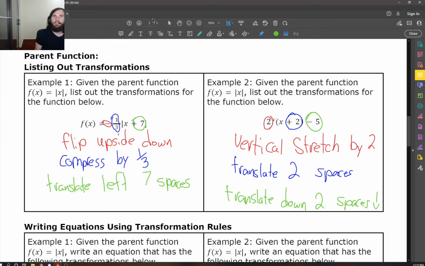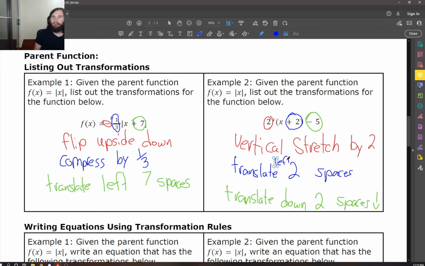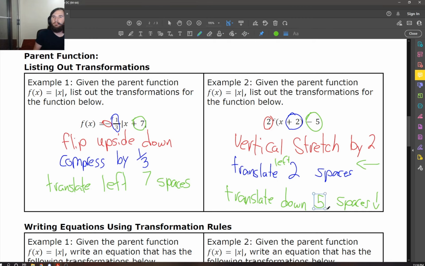I just realized I forgot to say which direction the 2 made it go in. That's going to go to the left. And we can check that. Let's see what happens when we make A 2 and H negative 2 and K negative 5. Oh wait, that should be going down 5 spaces, shouldn't it? There we go.